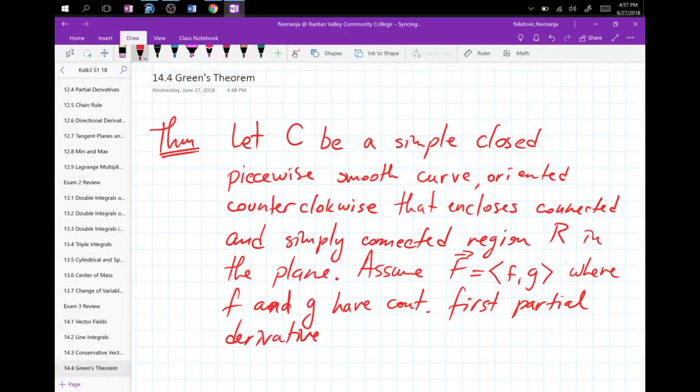Does anyone notice just in this statement that all four chapters are playing a role in here? We haven't even gotten to the formula yet.